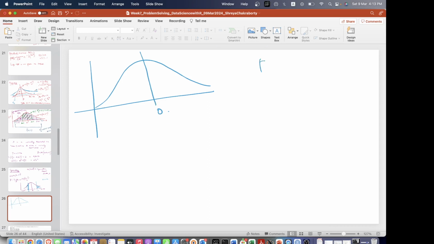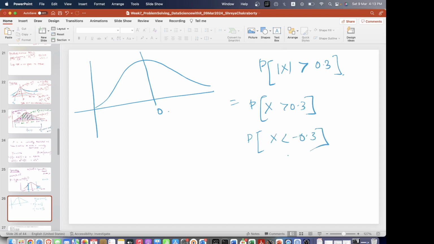We want to find out probability mod x greater than, let's say, 0.3. This means what? Probability either x is greater than 0.3 or probability x is less than minus 0.3.